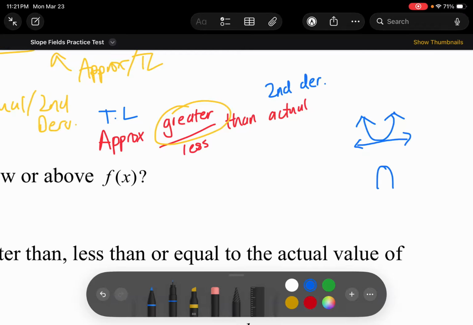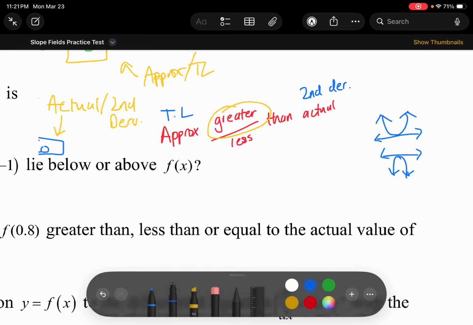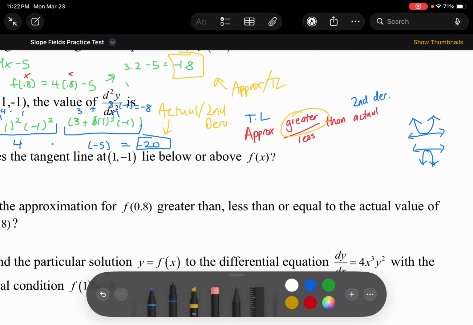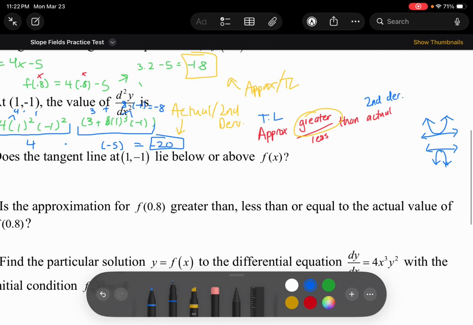But if your curve is concave down, your tangent line lies above a concave down curve, meaning this is an overestimate because your tangent line is above your function. Okay, so that's just a little trick that I wanted to introduce to you guys.